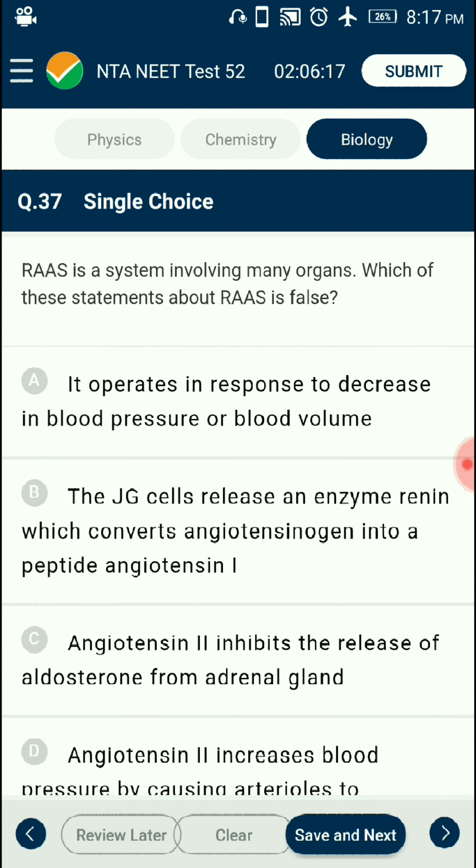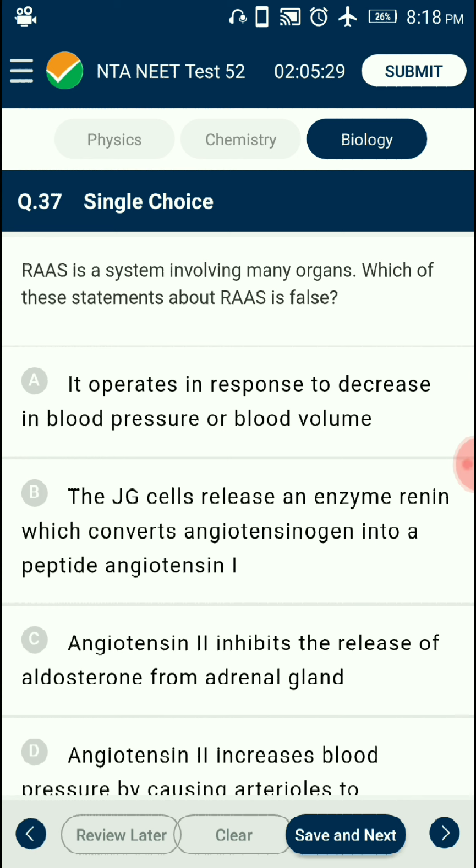Question 37. RAAS is a system involving many organs. Which of these statements about RAAS is false? The renin angiotensin aldosterone system is a specialized response of the body in order to maintain the optimum blood pressure. When the blood pressure falls, it is sensed by the juxtaglomerular cells in the kidney. They release a hormone called renin in response to this.